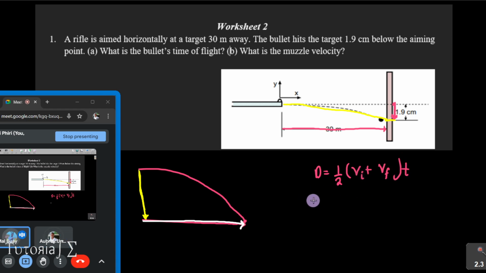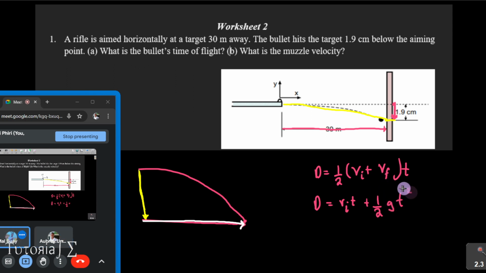The other one is d equals to V initial time plus a half g t squared.